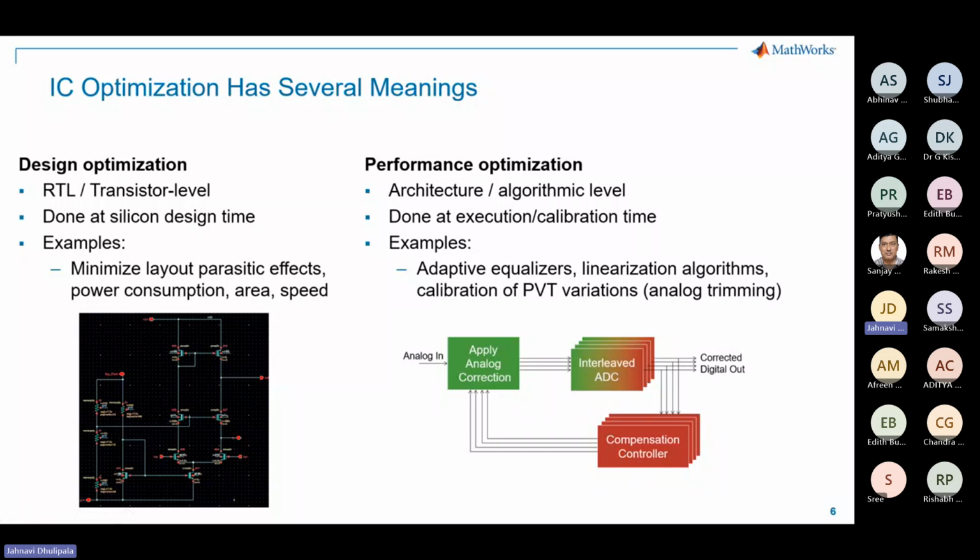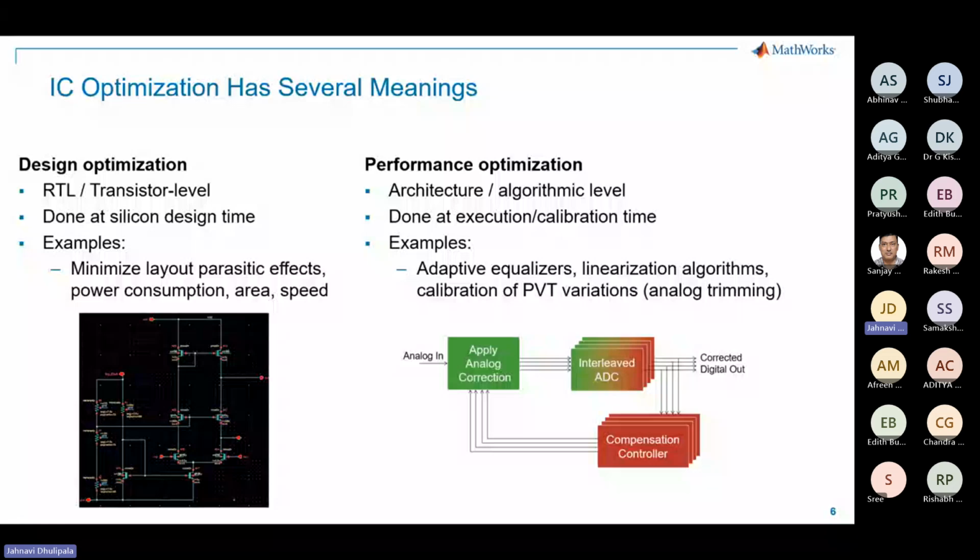That would be the first discussion. This involves adjusting the transistor sizes, and we can also minimize the layout parasitic effects, the power consumption, area, or the speed. The second topic we would be discussing is performance optimization.